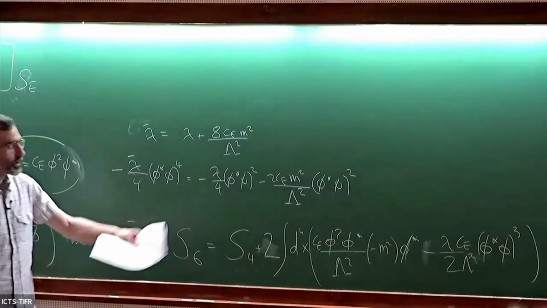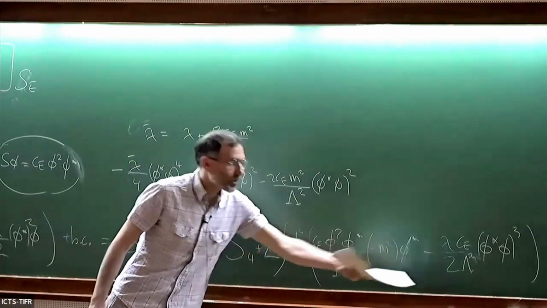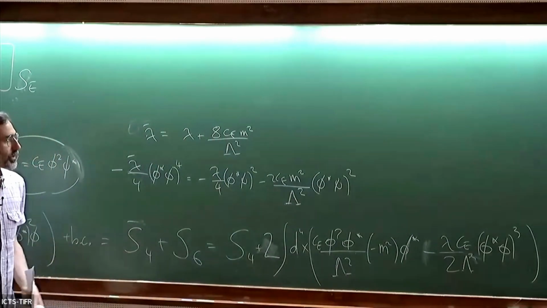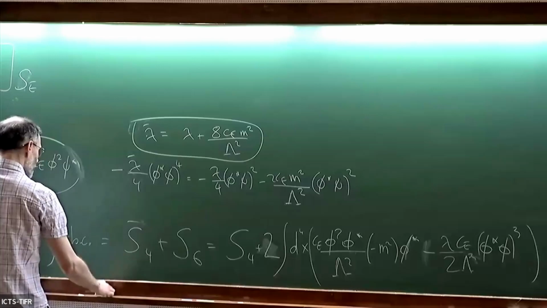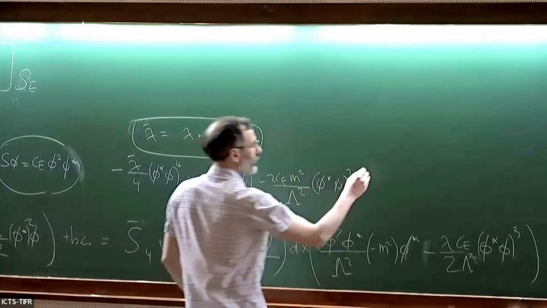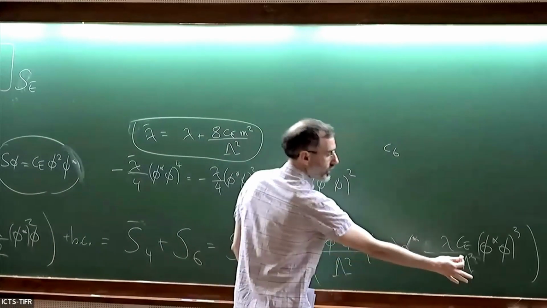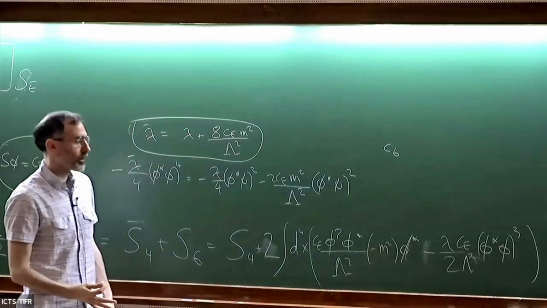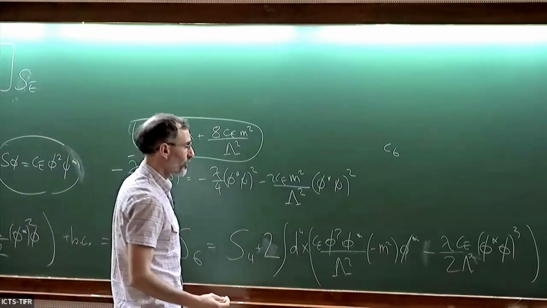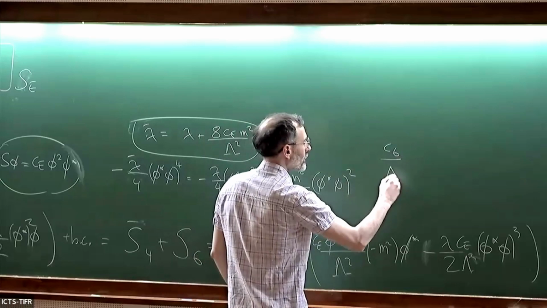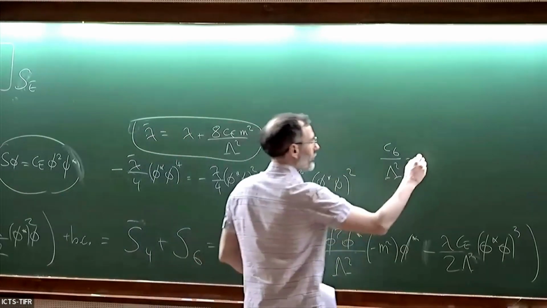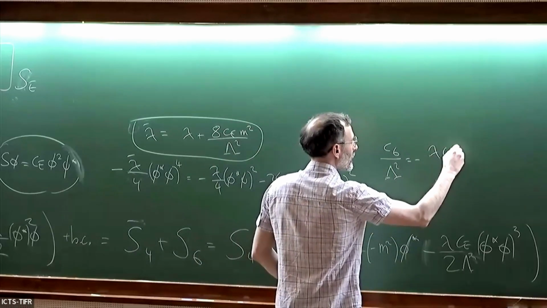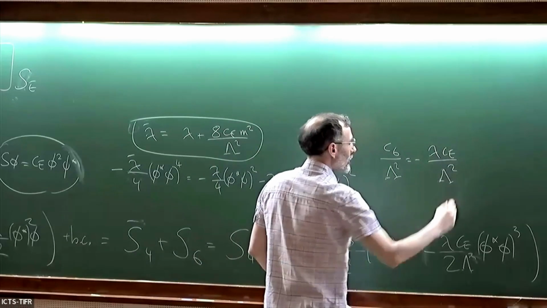And the new thing is, in our notation, there's a contribution to that S6 operator and that relation of the coefficient. If you go back to your notes, so just trust me for now, whatever was in front of phi star phi cube, we call C6 over lambda square. So C6 over lambda square is all of that with the factor up front minus lambda CE over lambda squared.